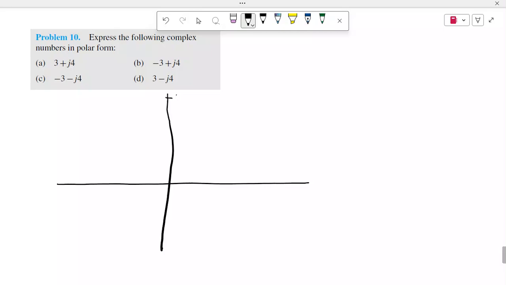This continues. This is our real. So real, imaginary. Okay, so 3 is real, so we have 3. Let's write 3 here. Then our imaginary, for part A, is 4. Okay, so we have something like this.